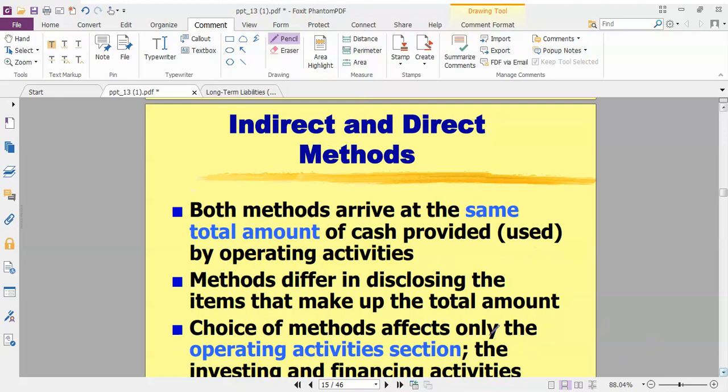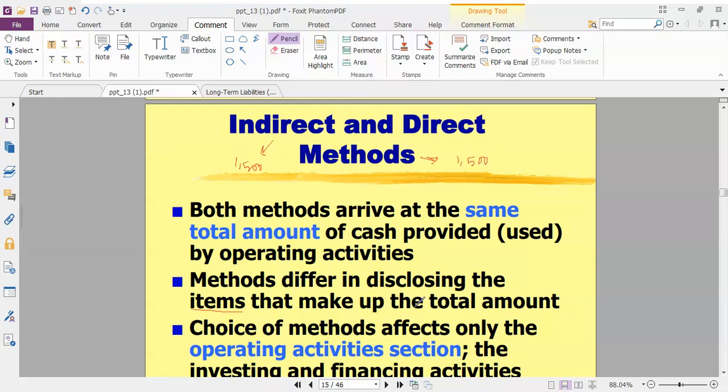Methods differ in disclosing. Dia punya perbezaan dia adalah disclosing the items. Ni ada details or the items that make up the total amount. Okay. How can we arrive at this? For example, if we got the indirect, we got the cash provided, for example, 1,500. So if we use the direct method, we should also get the same amount, that is 1,500.